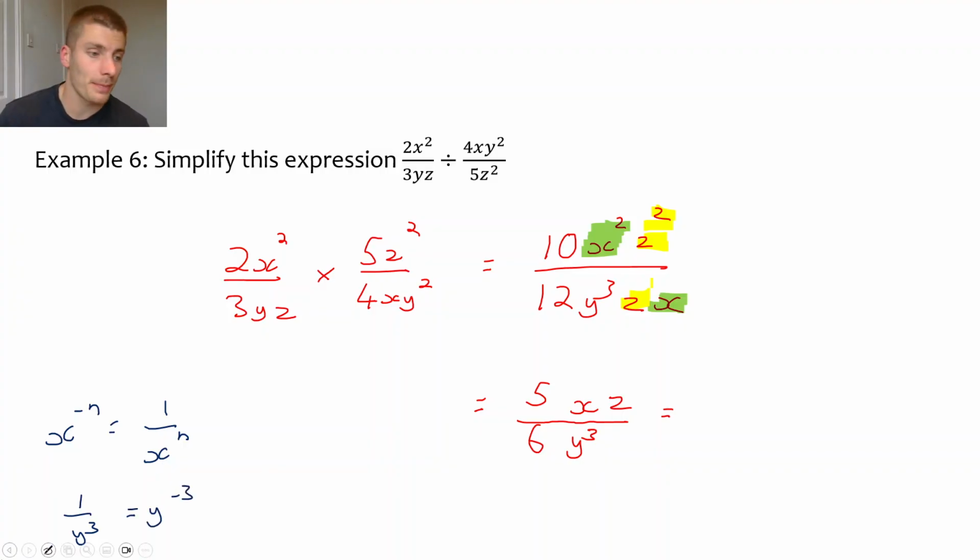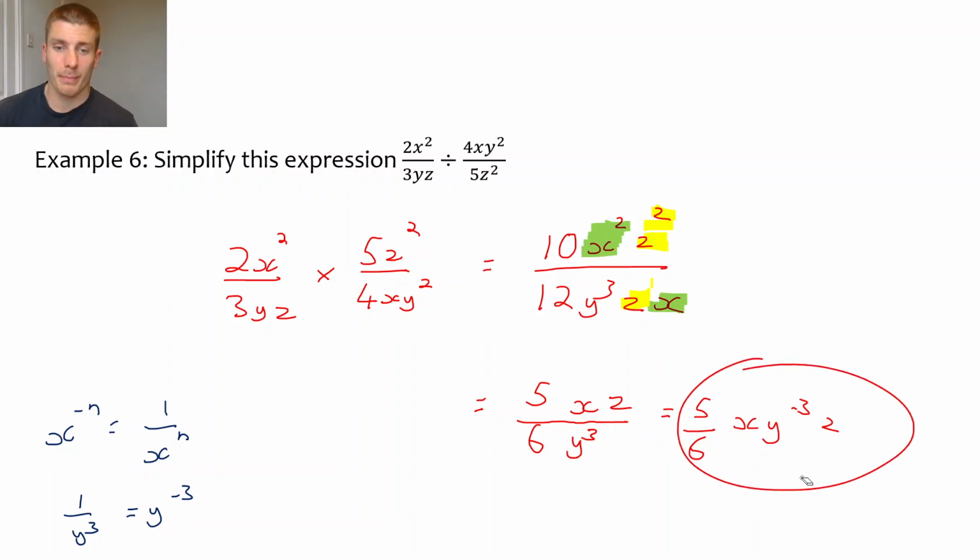They mean the same thing. So you could also write this part here as 5 over 6 x y to the minus 3 z. They mean exactly the same thing.